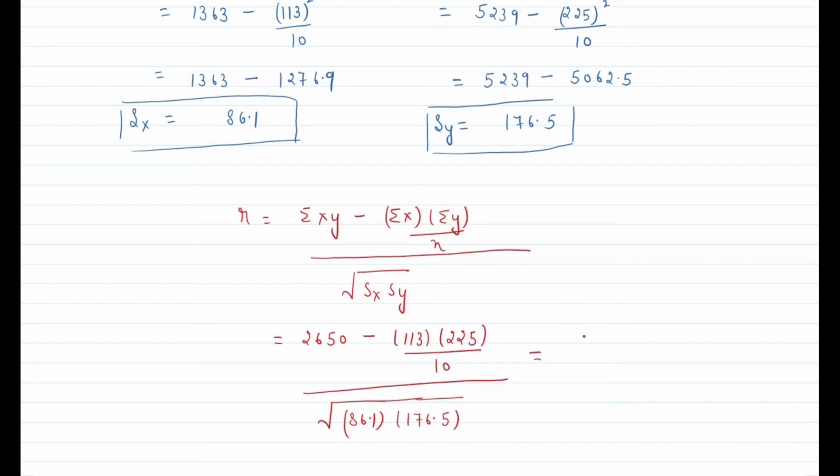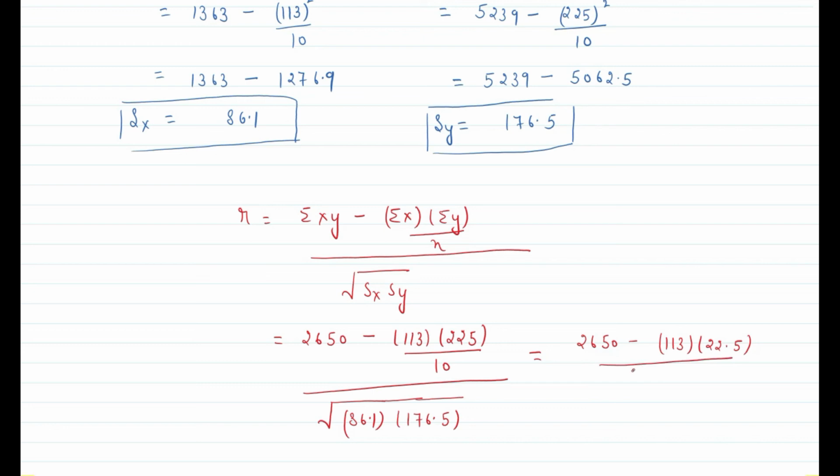Which is equal to 2650 minus 113 multiplied by 22.5. We have eliminated the 10.